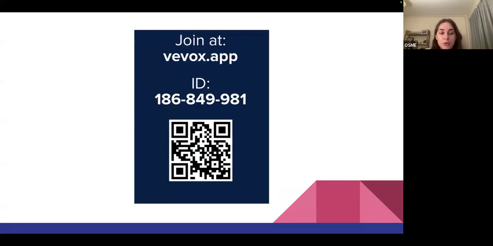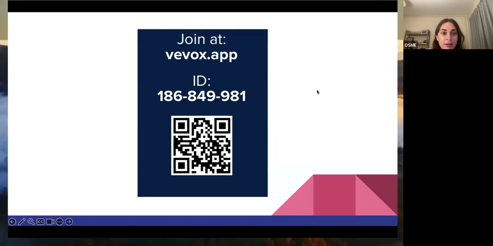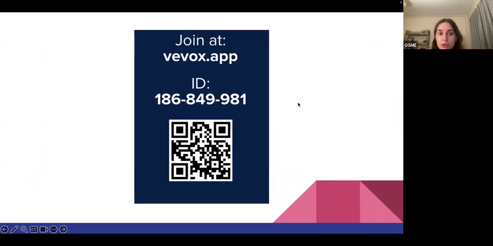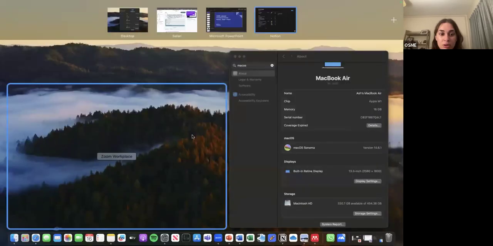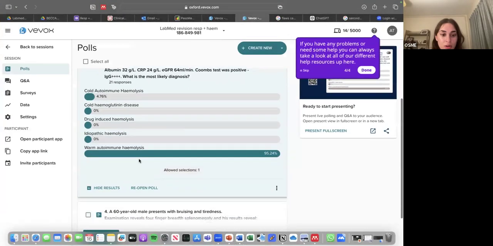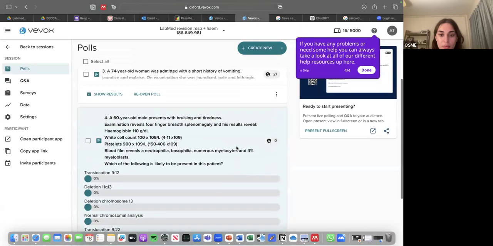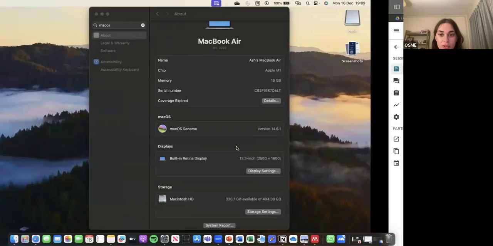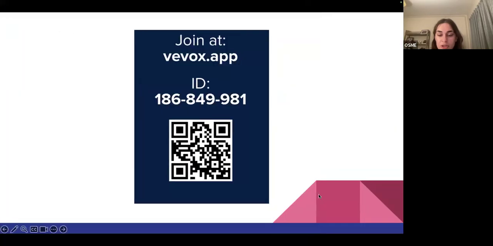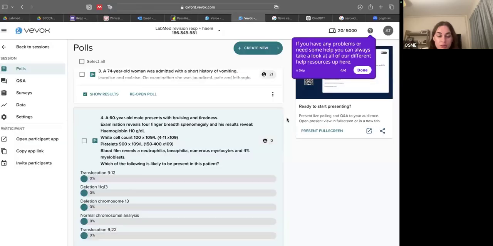So we'll do a couple more questions now. If people have managed to scan the code, I will flick back onto VBox. So if people scan on, okie doke.